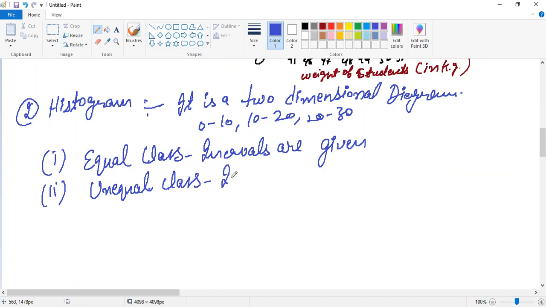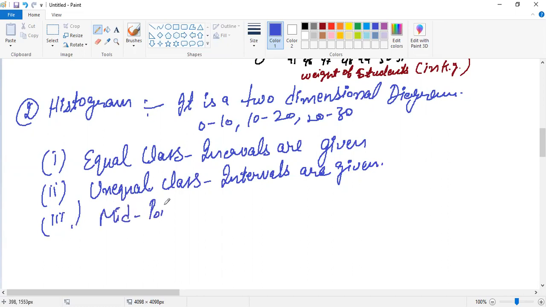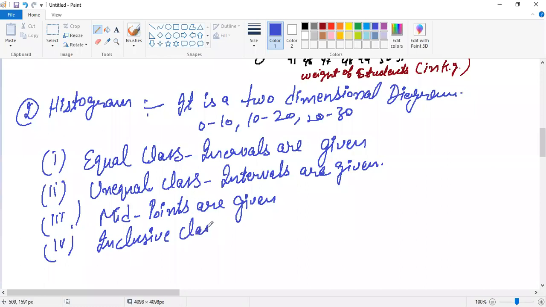The third case is when midpoints are given. And the fourth case is when inclusive class intervals are given.